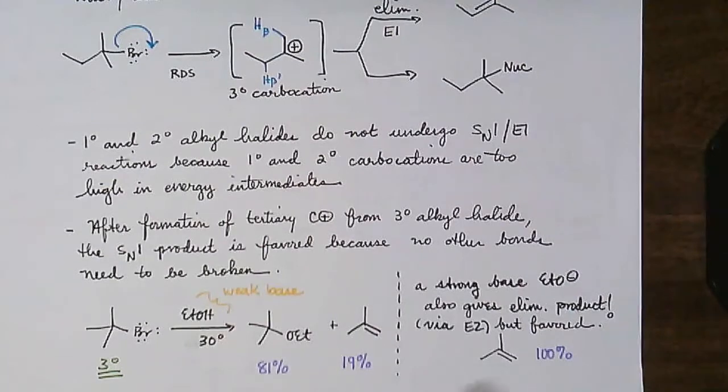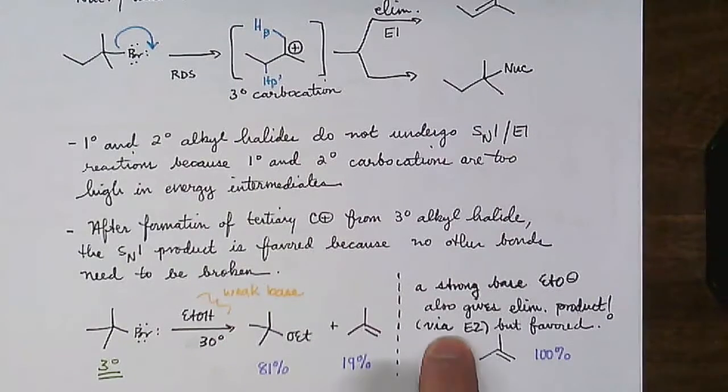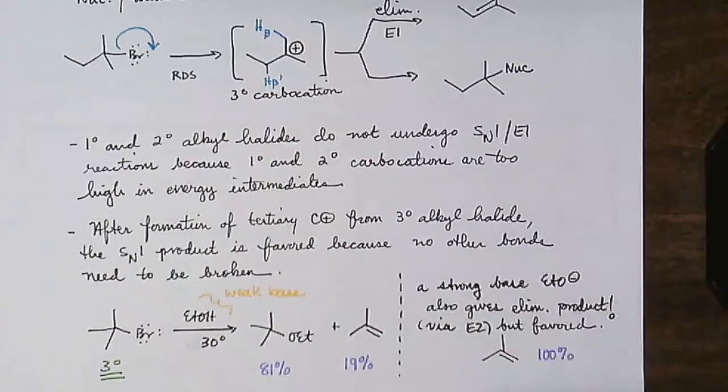Now remember, if you had chosen instead of ethanol its conjugate base, the strong base ethoxide, it would give only the elimination products, and that is via the E2 pathway. So for tertiary alkyl halides, you have to gamble between SN1, E1, or E2.